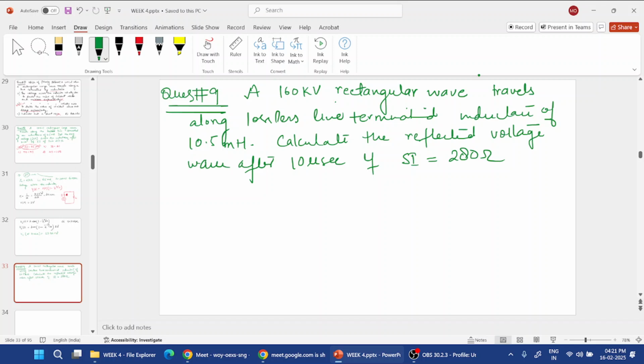So basically the options here are A plus 64.7, B minus 64.7, C plus 85.1, and D minus 85.1.